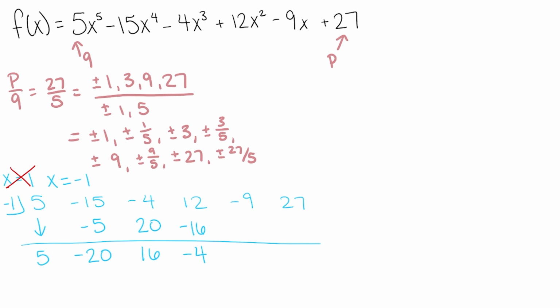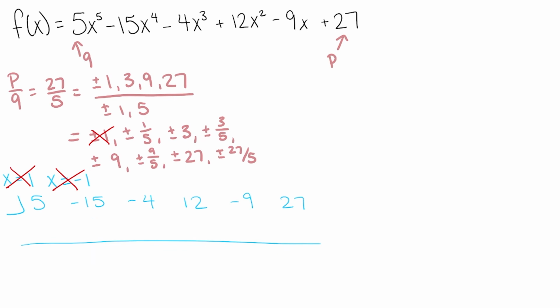Negative 1 times negative 4 is positive 4. Negative 9 plus 4 is negative 5. Negative 1 times negative 5 is positive 5. 27 plus 5 is 32, not 0. So we know that negative 1 is not one of our possible factors, and neither positive nor negative 1 is a valid root here. I'm going to skip 1/5 for now.